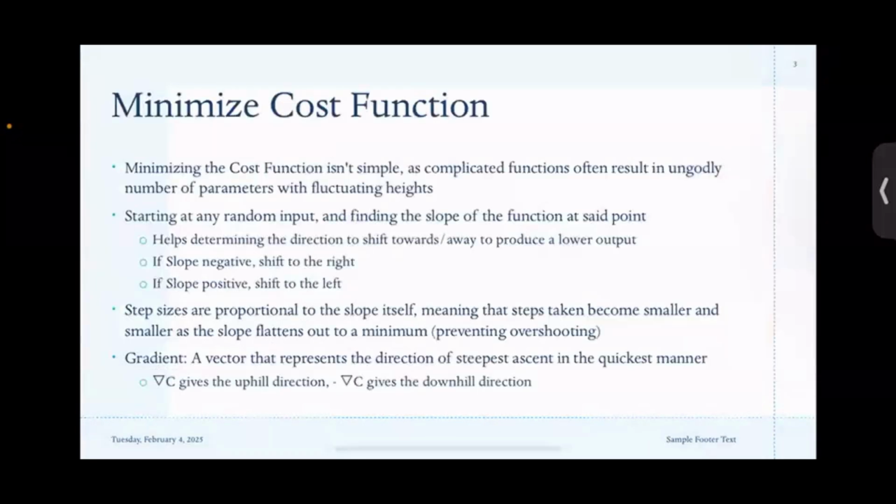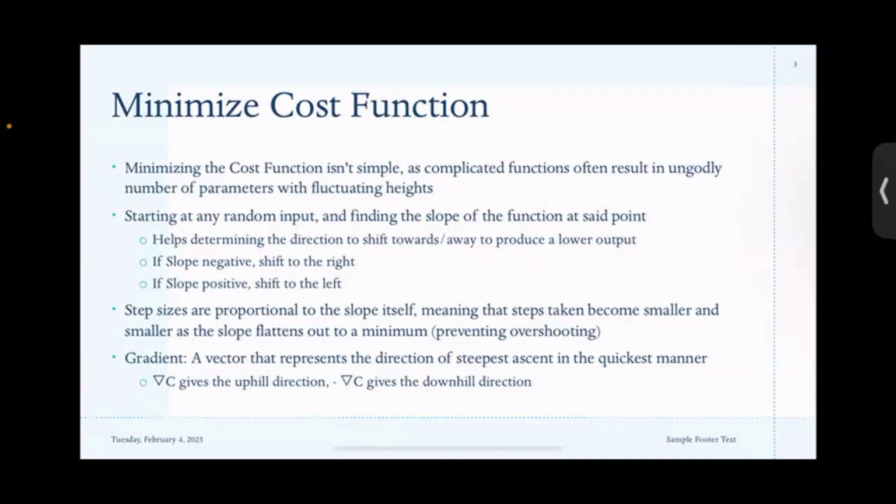For our intents and purposes, we need to minimize the cost function, which isn't as simple as finding the slope of a slope that defines all outputs. Complicated functions often result in an ungodly number of parameters with fluctuating height. So one single slope isn't able to calculate all the given parameters that we have in our neural network.